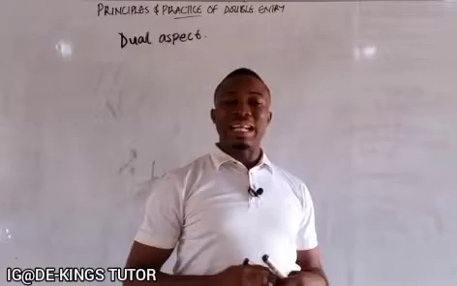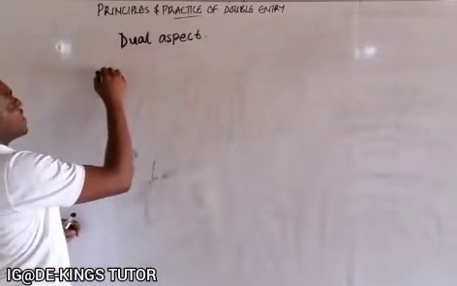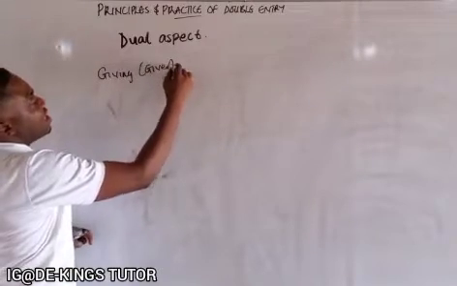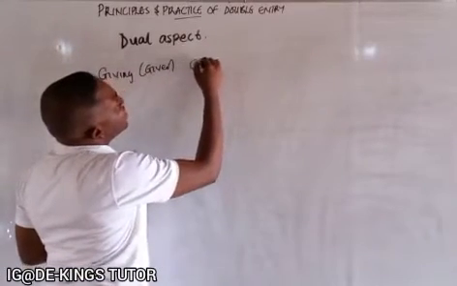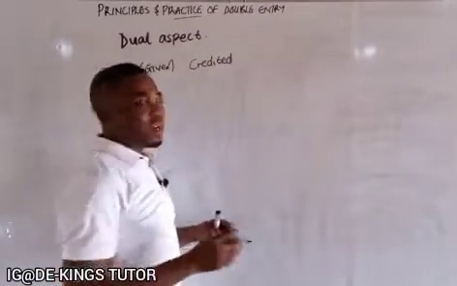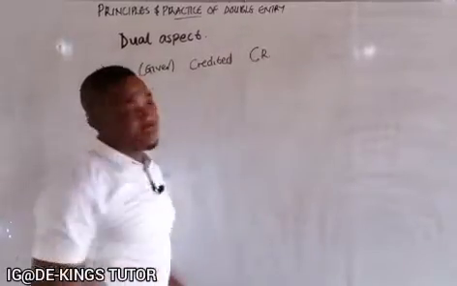So that person that is giving, that is the giver, his account is credited. Write it like this: credited or credit. In short form, it is written as CR.